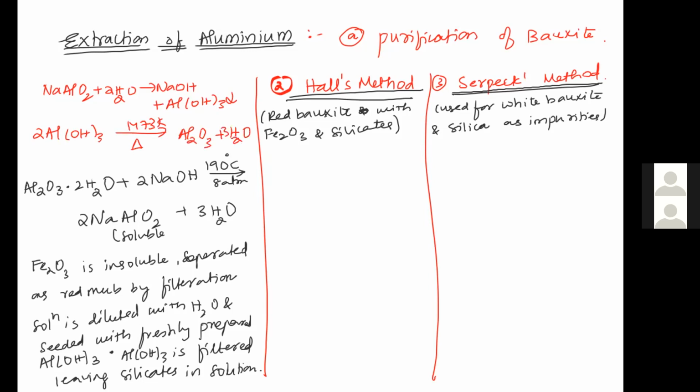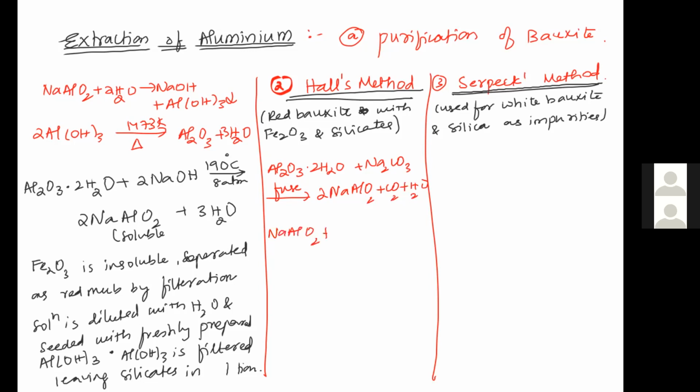So this reaction: Al2O3.2H2O reacts with sodium carbonate. Again, you have 2NaAlO2 plus CO2 plus H2O.